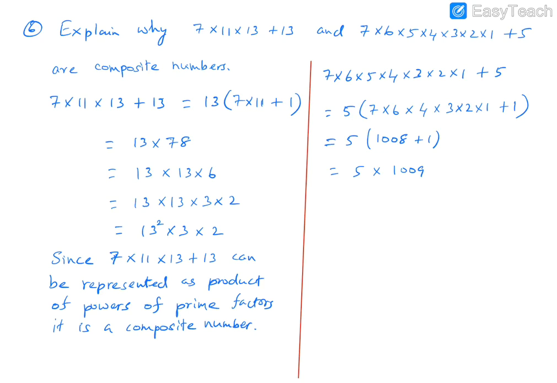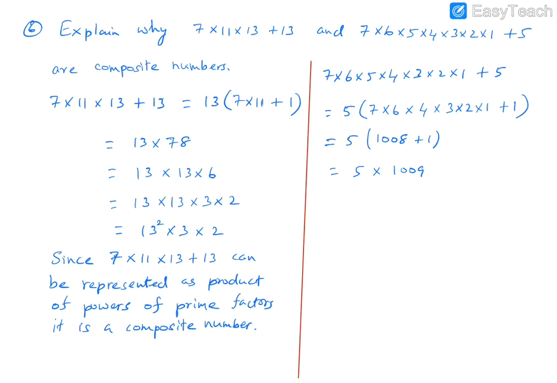We now need to check if 1009 can be represented as a product of prime factors. When you check that, you will find that 1009 is in fact a prime number itself, so we can't factorize it any further. So it's 5 into 1009.